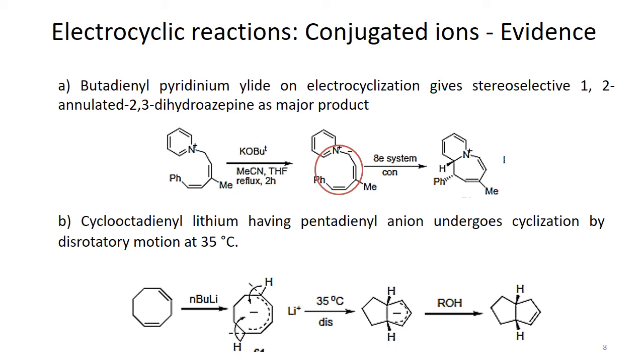This is a bicyclic system here, and when we treat it with alcohol, it is protonated. So here we get one double bond and the other anionic form, or carbanion, is neutralized. So this is how we get this bicyclic system from the original cyclooctadiene type of compounds.